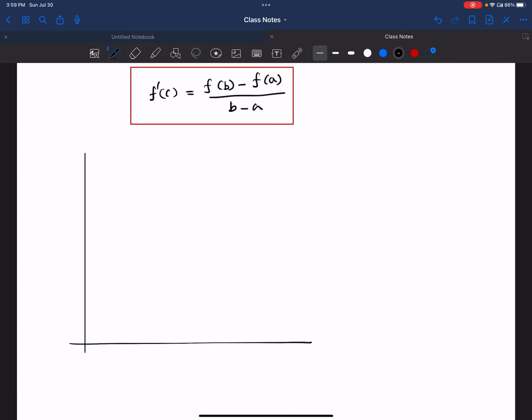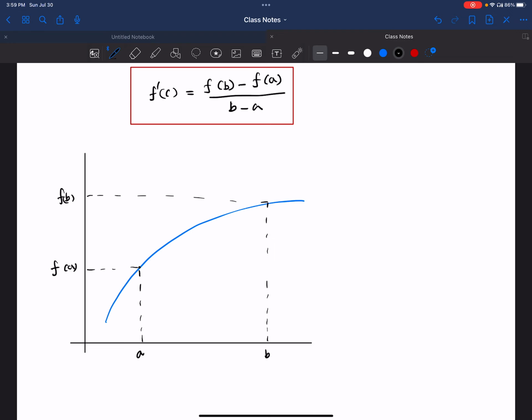I draw a graph, something like that, and then have 2 points A and B. This is the closed interval, and this is f of A, and this is f of B, and I can connect those 2 points like that.